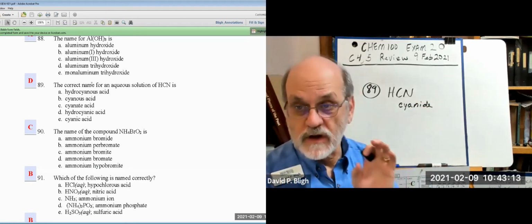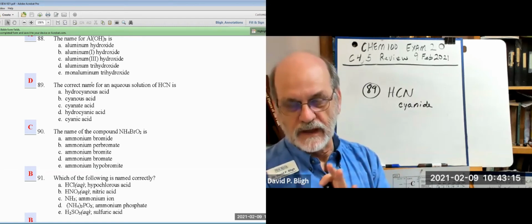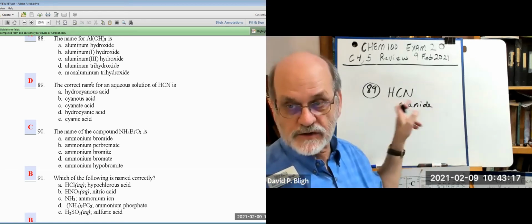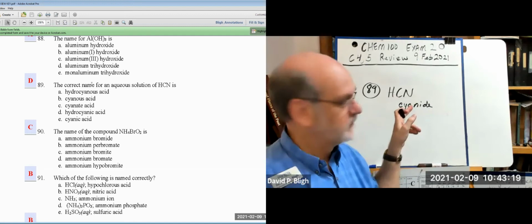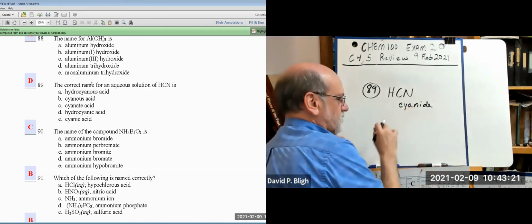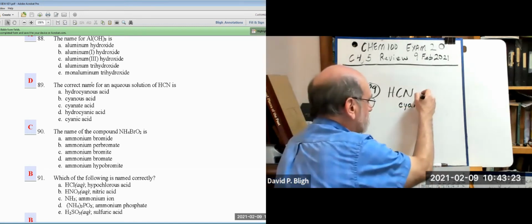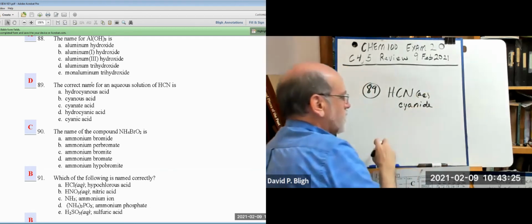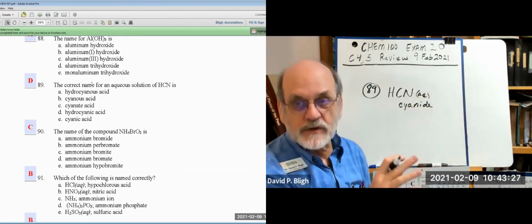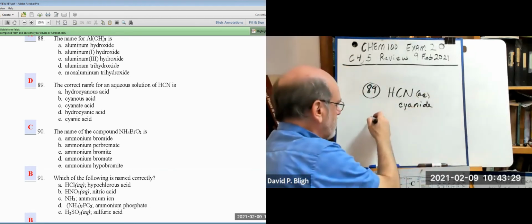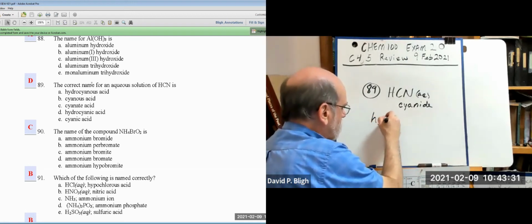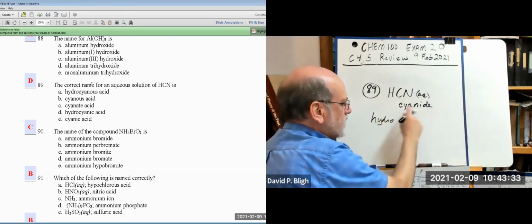So if this were not in aqueous solution, it would be hydrogen cyanide. But since it is an aqueous solution, and there's no oxygen, we start with hydro. So hydro, and ides become ic.